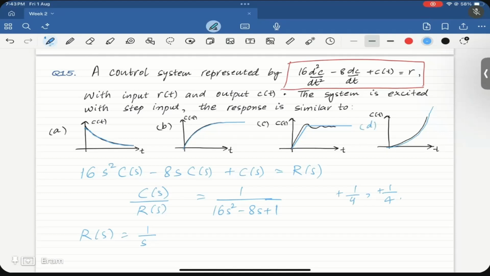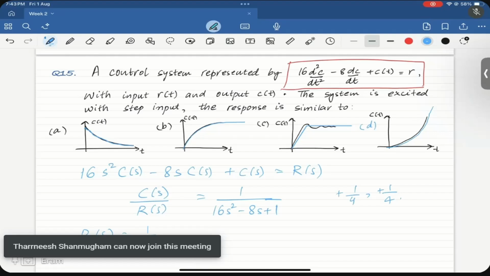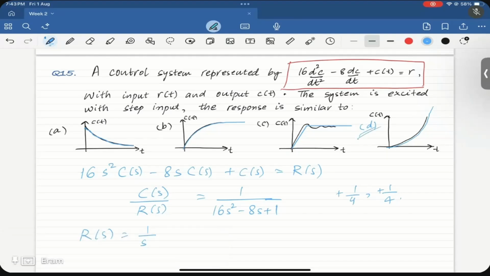Option D is the correct one. So for any question, if we need to find out the response, first we find out the transfer function, then we check the poles. If any one pole is on the right hand side, then we are sure that whatever bounded input we provide, the response will be unbounded.